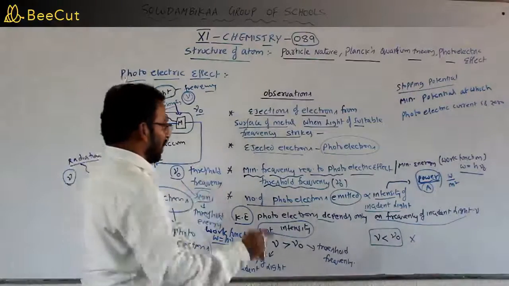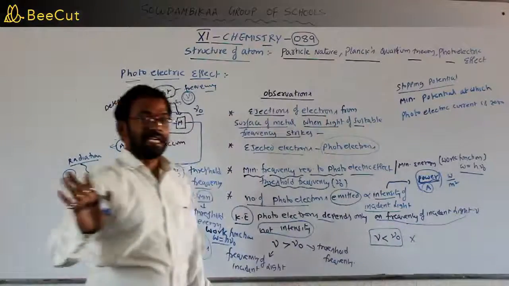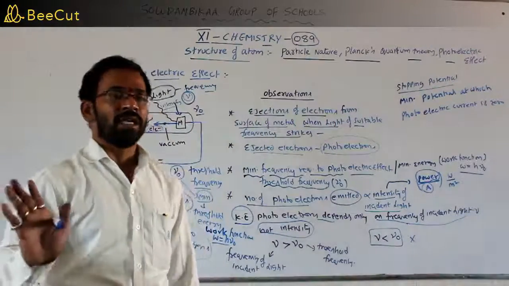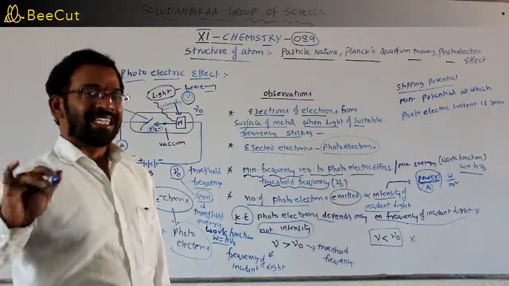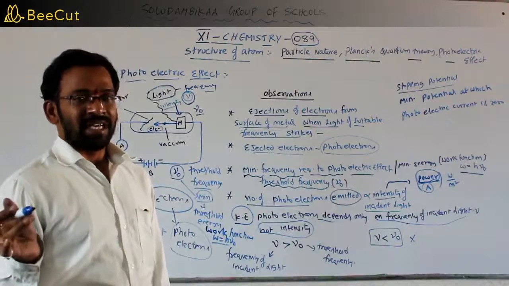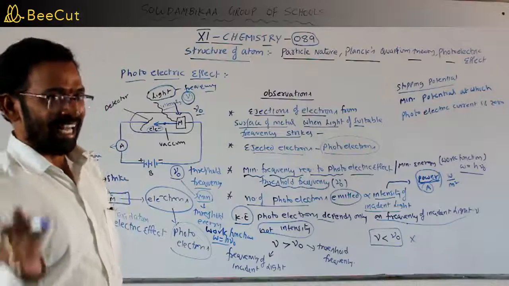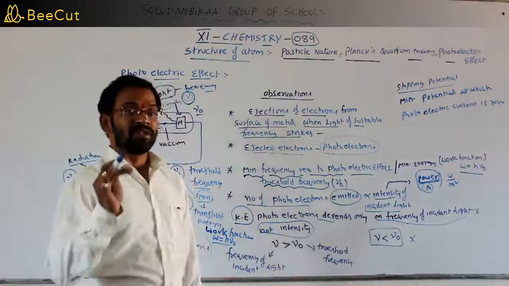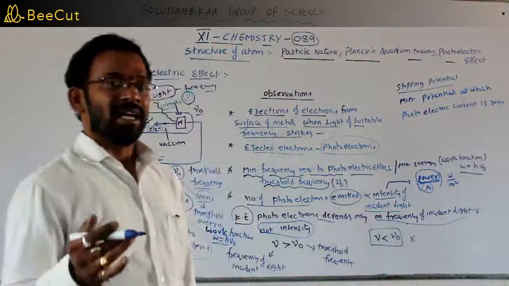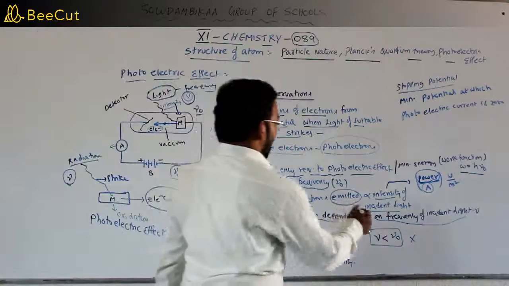The kinetic energy of the emitted electron depends on frequency but not intensity. Here are two points you need to remember. The number of electrons ejected in the photoelectric effect is directly proportional to the intensity of incident radiation, whereas kinetic energy does not relate to the intensity, but depends on the frequency of radiation.